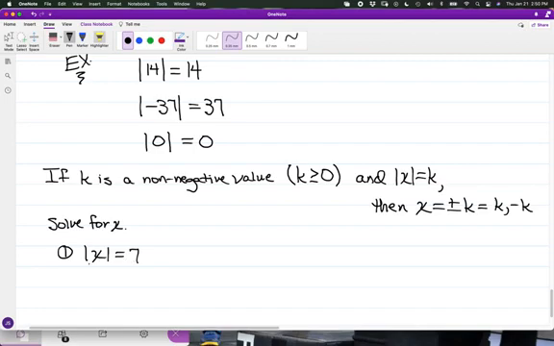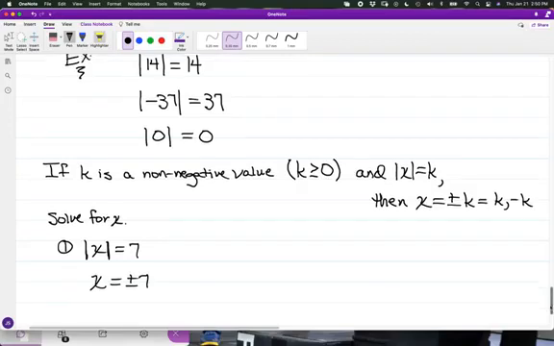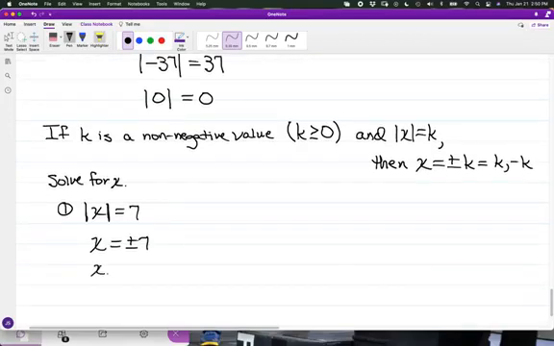We're looking at determining those numbers that will have an absolute value of 7. So here k is represented by 7. 7 is not negative, so there will be solutions in x. And again, those numbers will be 7 units away from 0. They're going to have 7 itself and also negative 7. So x is equal to plus or minus 7. Those would be our possible solutions in x.